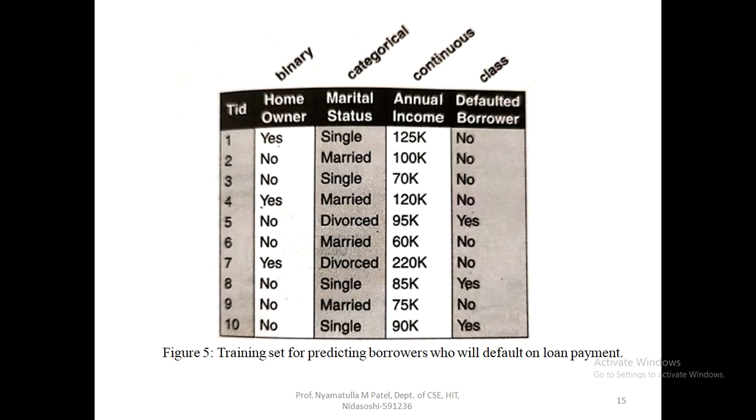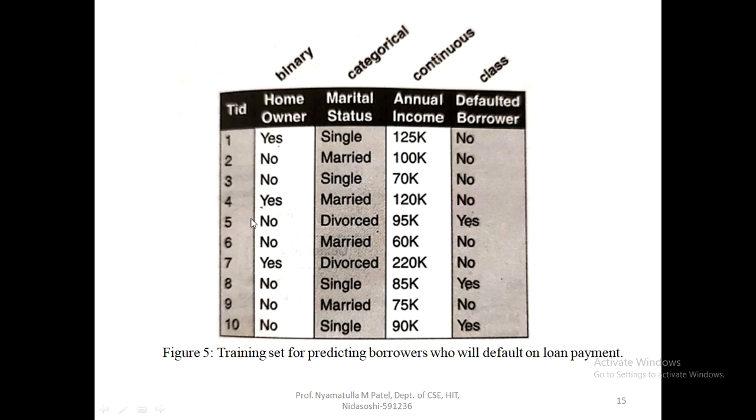Defaulted borrower 'no' means the borrower has taken the loan and repaid it back. 'Yes' means the person has taken the loan from a bank but has not repaid it.